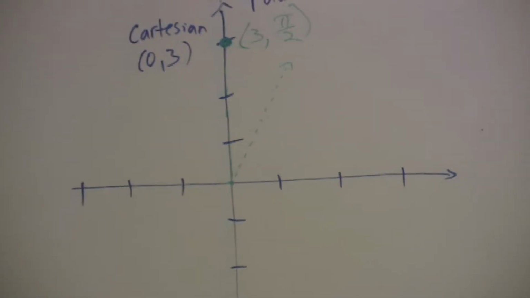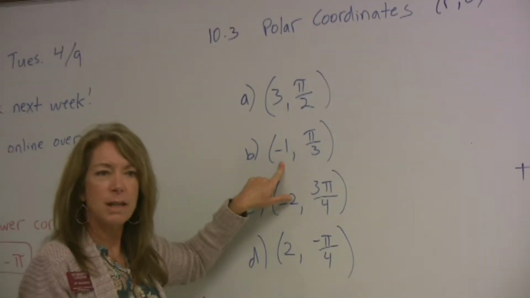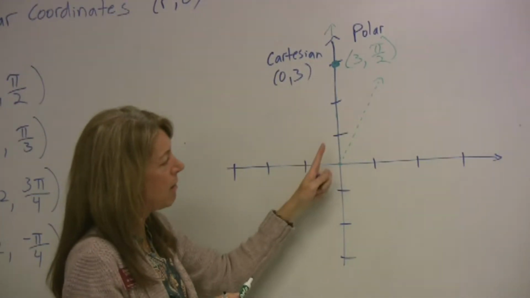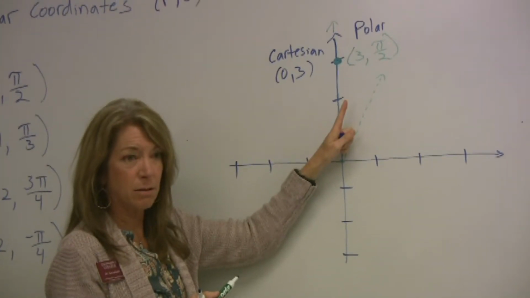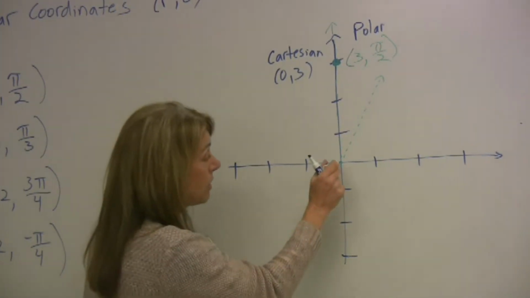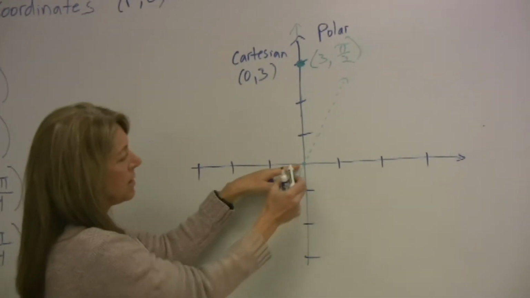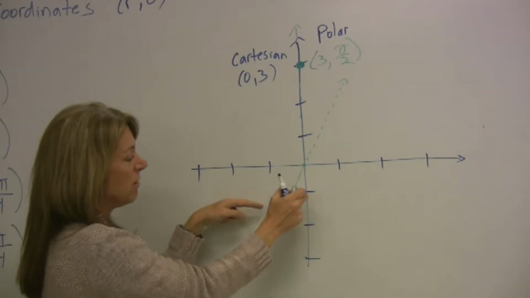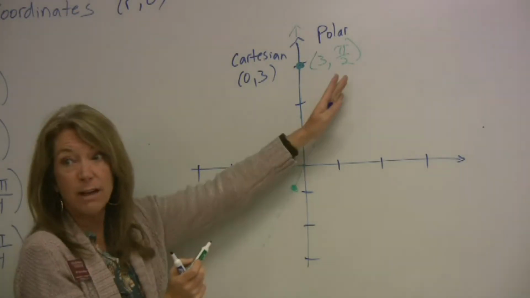I'm looking in this direction. But what does this tell me to do? Negative 1. So imagine that I'm standing on the origin, I'm spinning around, I'm looking that way. If it says move negative 1, what's it want me to do? Go backwards. So I'm looking here, instead of stepping forward positive 1, I'm actually going back 1 to roughly right here, because that direction is forward.